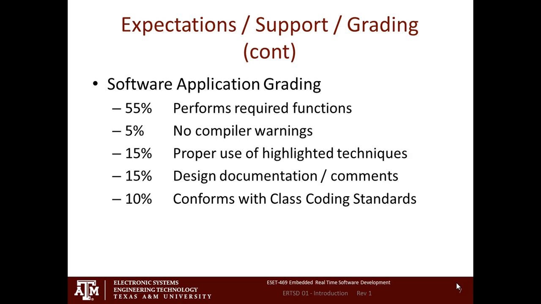And now the compiler warning will go away, okay? So there are always ways to eliminate a compiler warning and still have your code work, okay? And so I want you to eliminate compiler warnings. If you don't eliminate the compiler warnings, I'm going to count off.